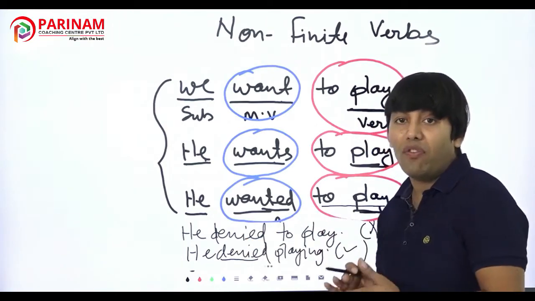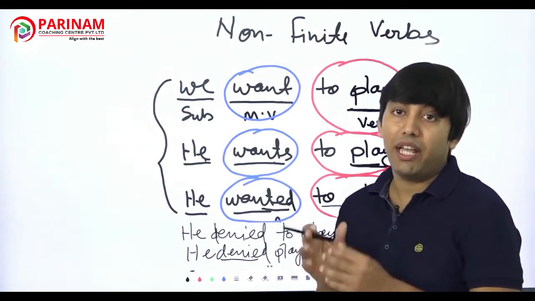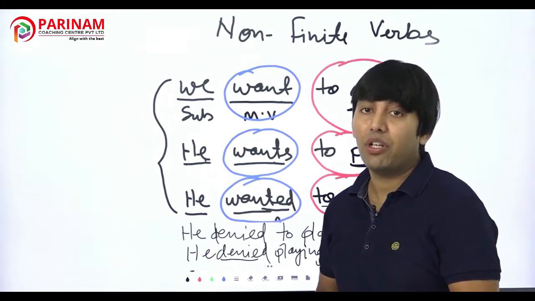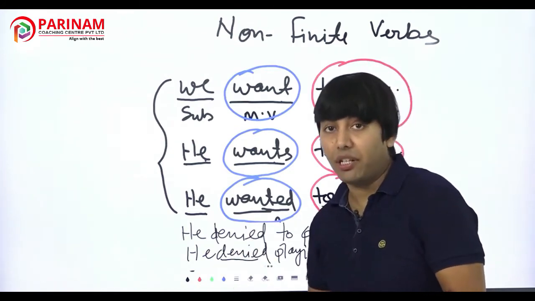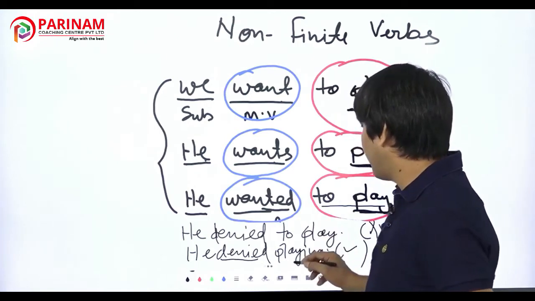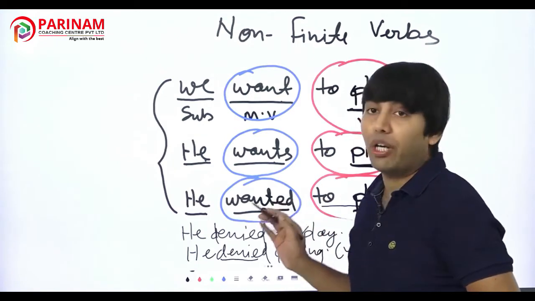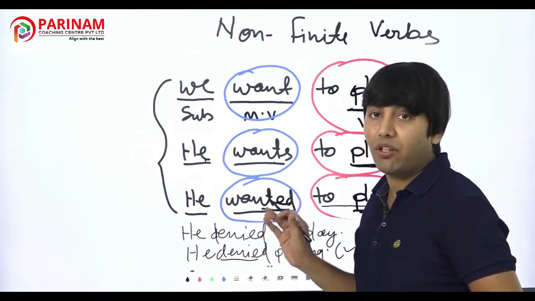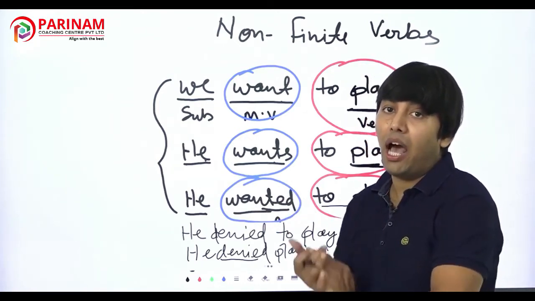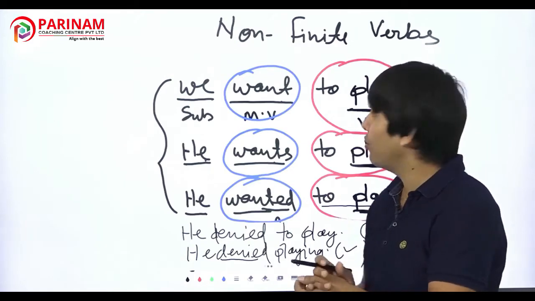So any non-finite verb, let it be in any form. There are actually 3 types of non-finite verbs which I am going to discuss later. Okay, you should understand that non-finite verb should not be used according to the tense and the subject of the sentence. Then the question arises, then how do we know where I should use 2 plus v1?